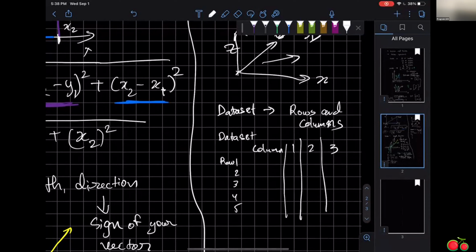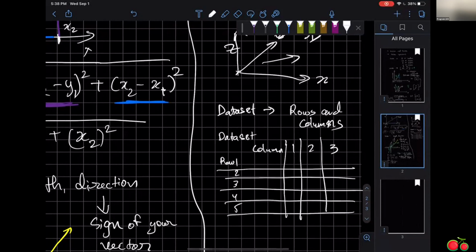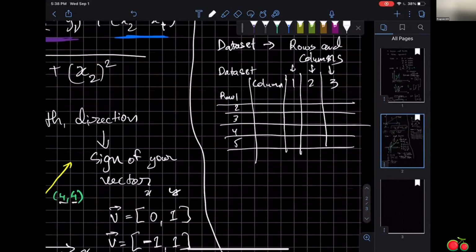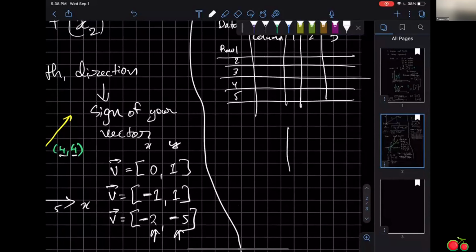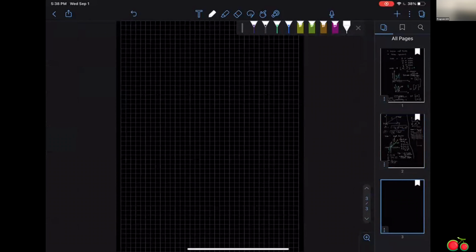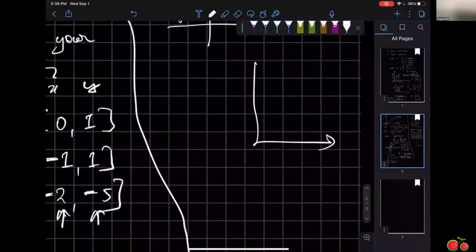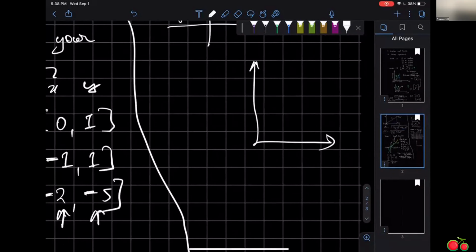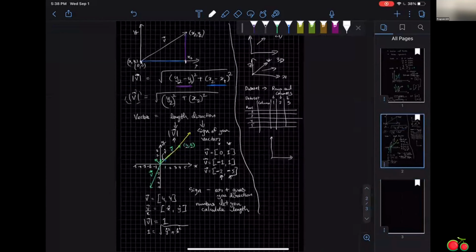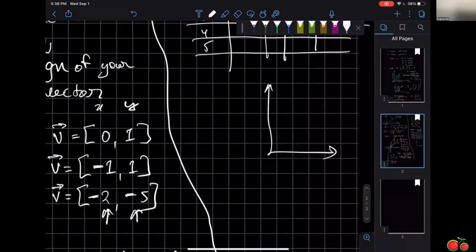What we can say is that these columns, column 1, 2, 3, are actually dimensions.